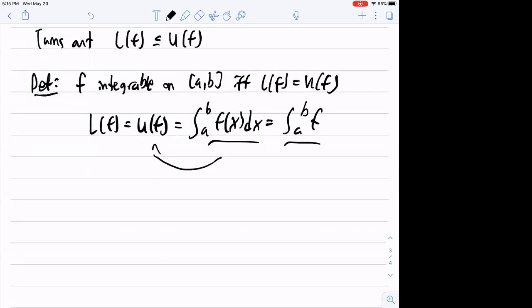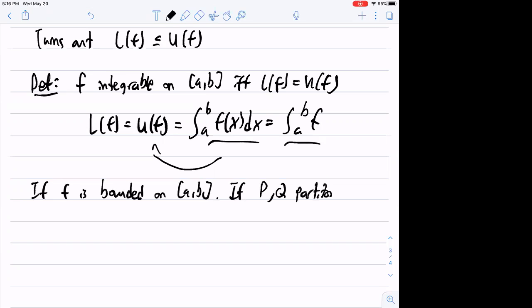Okay, so one thing to note is, if f is bounded on [a, b], and if P and Q are partitions of [a, b] such that P is contained in Q. So what does it mean for a partition to be contained in another?